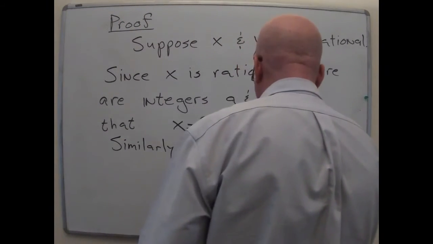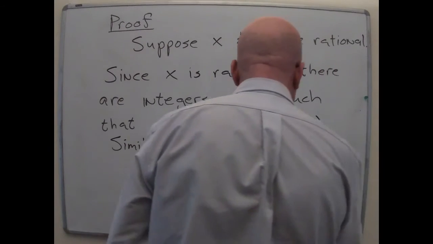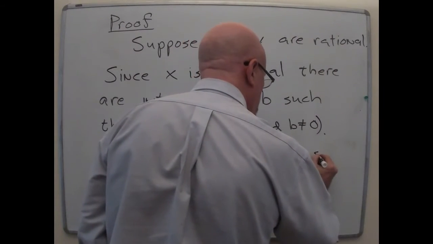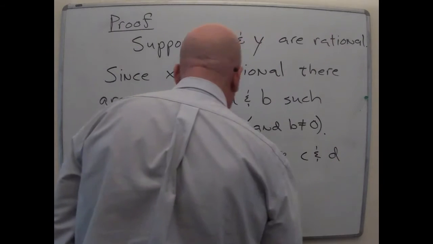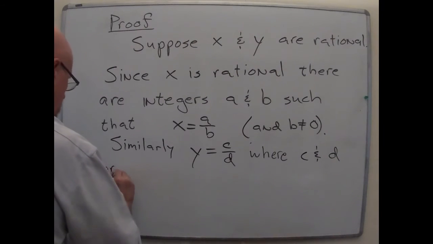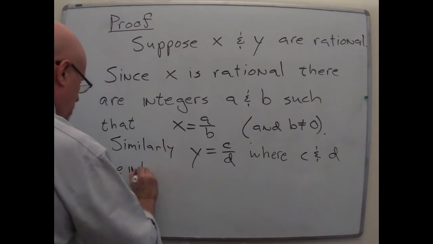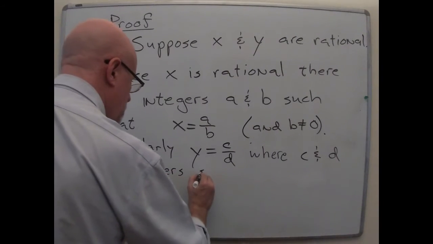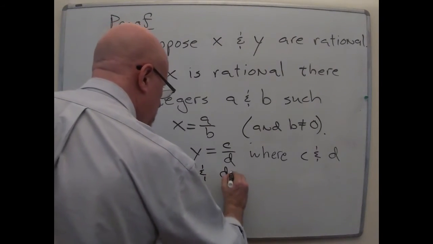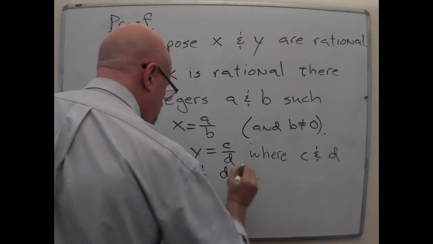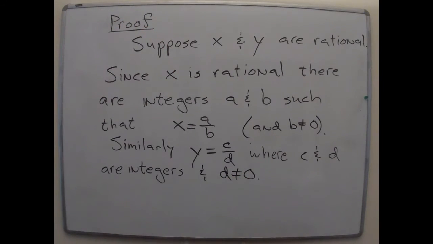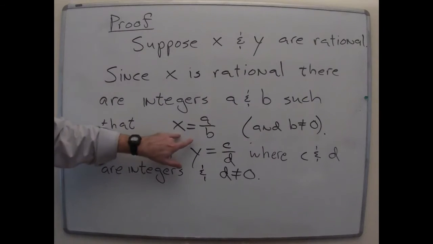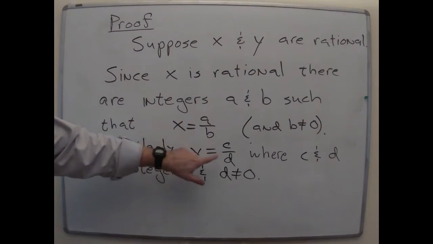So in a line that says where c and d are integers, and d is non-zero. Okay, but really the upshot is x is a fraction, y is a fraction.